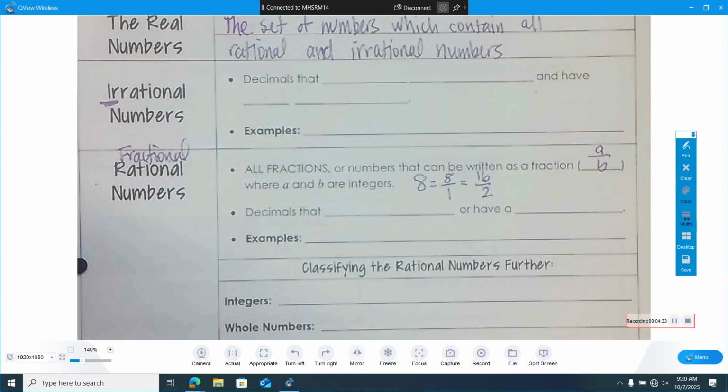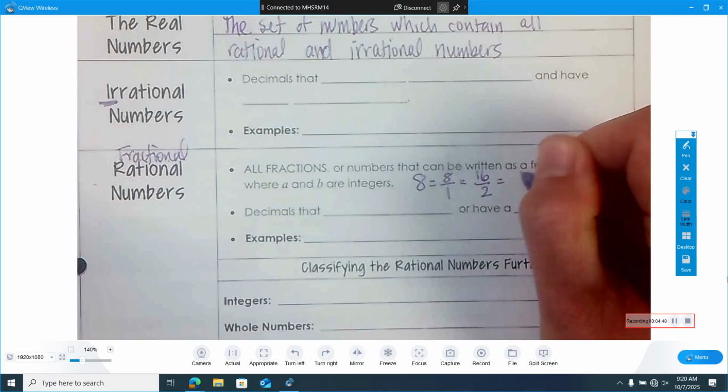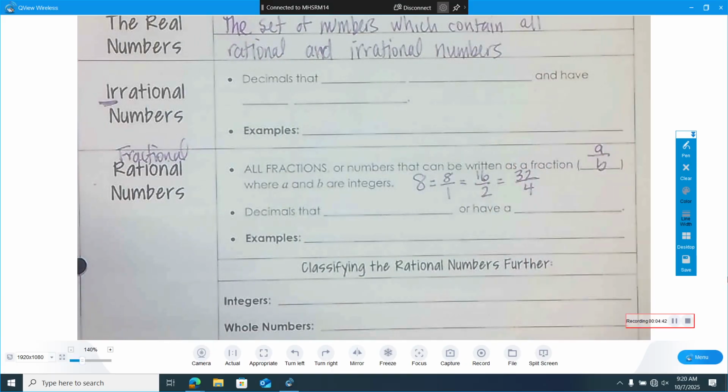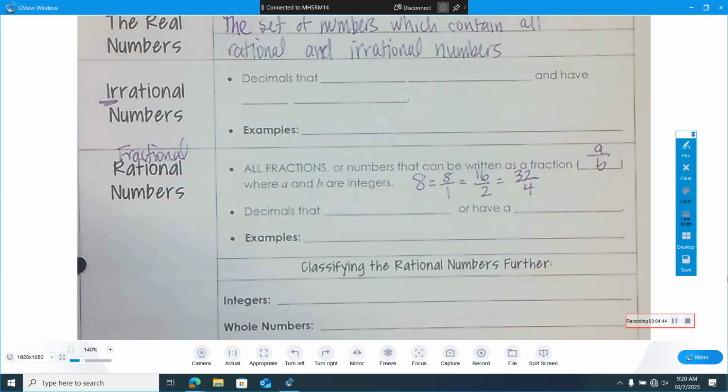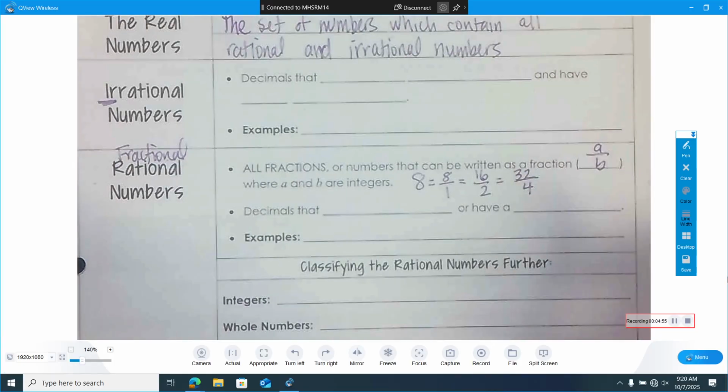What is 16 over 2? 8 as well, okay? And in fact, I could go all day. I could do 32 over 4. That is also how I could write 8 as a fraction. So I can take any integer and I can write it as a fraction. And so any integer also happens to be a rational number.